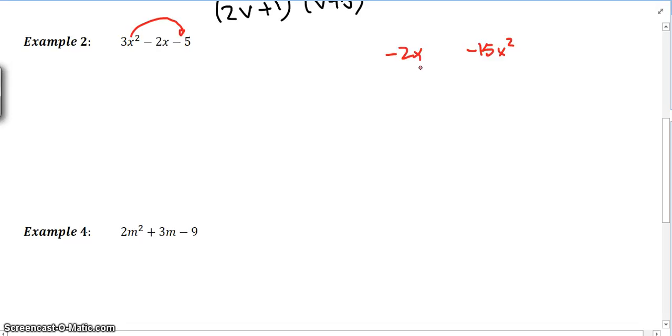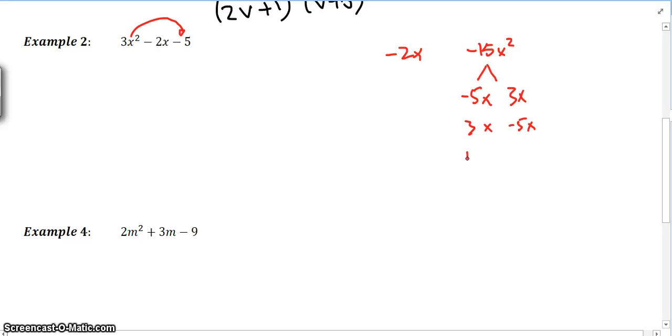So in this case, let's find the pair factors of minus 15x squared. The pair factors are minus 5x and 3. We can have 3x and minus 5x.